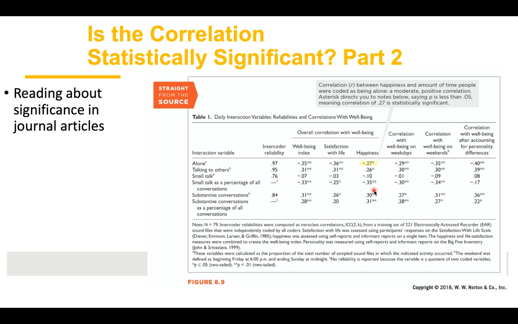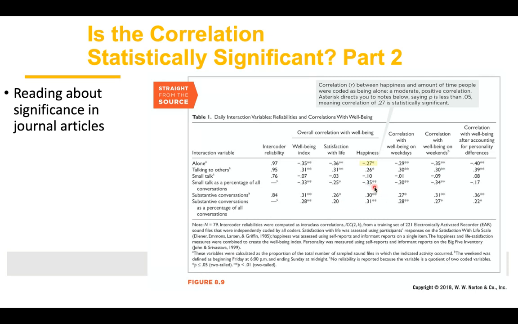And when you're reading a journal article in an academic publication, you will typically see asterisks next to the significant correlations. If we come all the way down to the bottom, the footnote of this table, we see that a single asterisk means that something was significant at 0.05.